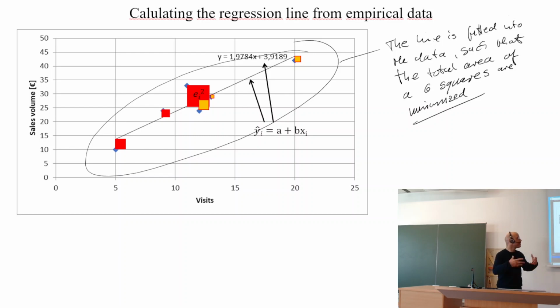If we look at a diagram and my cloud of points is very dispersing, then I would say, well, of course I can fit a line, but does this line really give me a reasonable answer to my question?